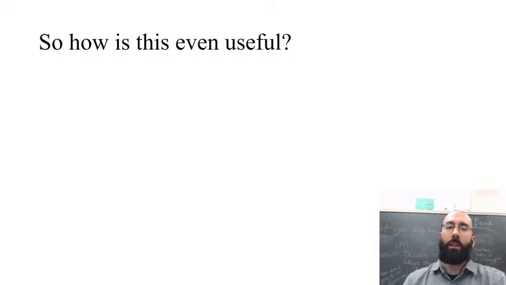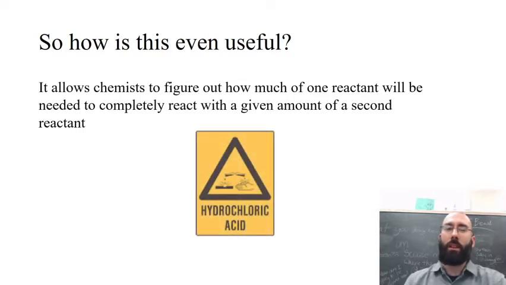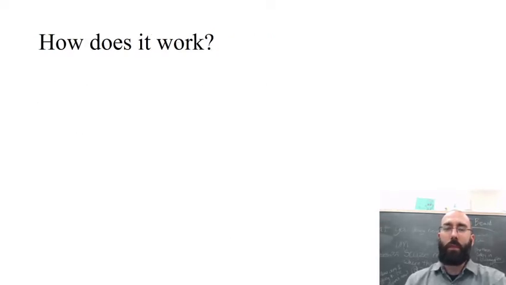Another way stoichiometry is useful is it allows chemists to figure out exactly how much of one reactant will be needed to completely react with a given amount of a second. Let's say you're in the lab and you accidentally spill some hydrochloric acid somewhere. You want to know exactly how much base will be needed to neutralize this acid spill so that you don't have a whole bunch of acid sitting around on the counter in your lab.